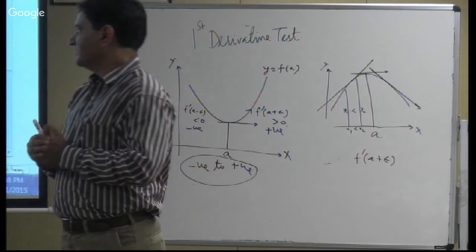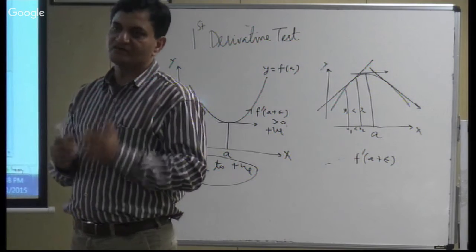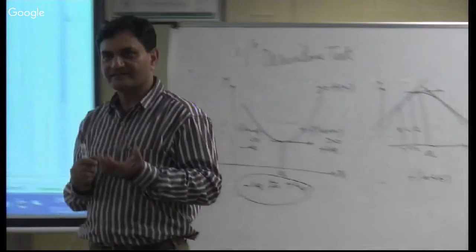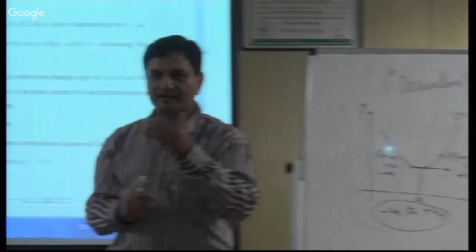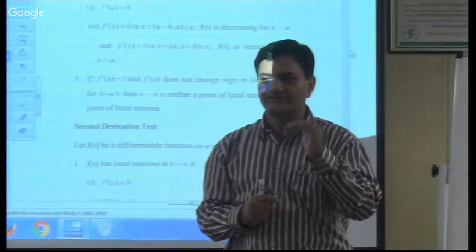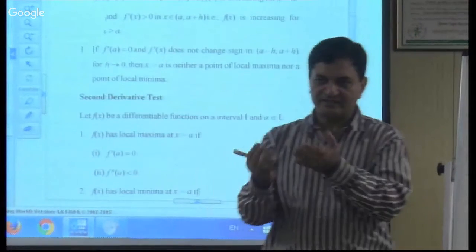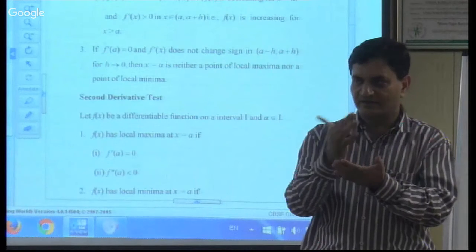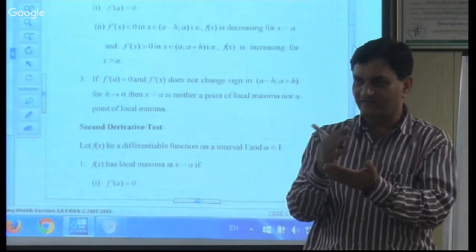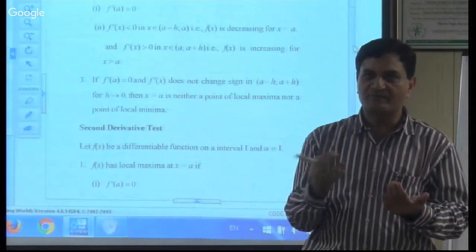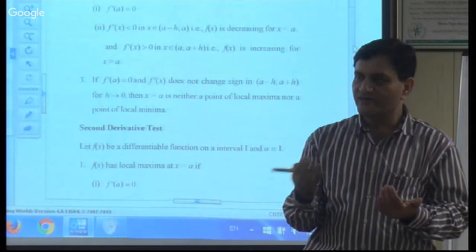Now what will happen if the derivative does not change sign? See, there are cases in which the derivative at that particular point is equal to 0, but when you see the sign of the derivative, it doesn't change. It remains positive to positive or negative to negative.